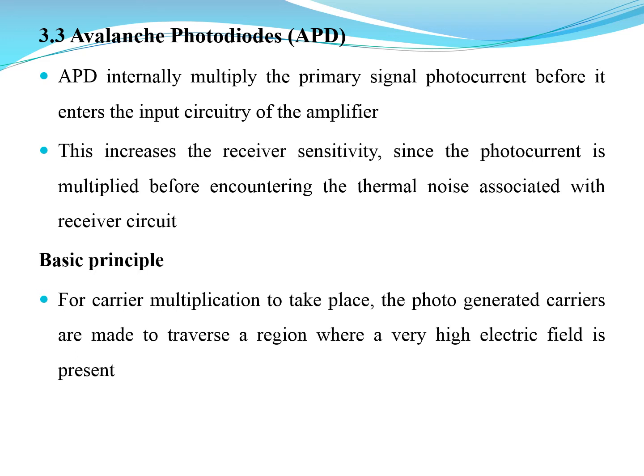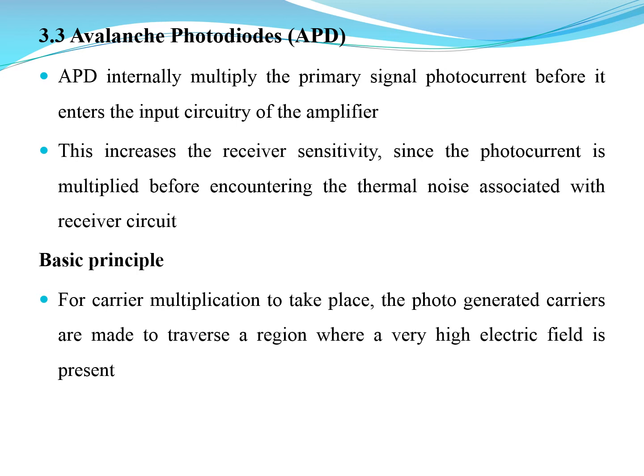In an APD, before the amplification process, or before the thermal noise is introduced into the system, the primary signal photocurrent is going to be multiplied. That is the advantage of the APD, which can increase the receiver sensitivity. That is the benefit of using an APD.